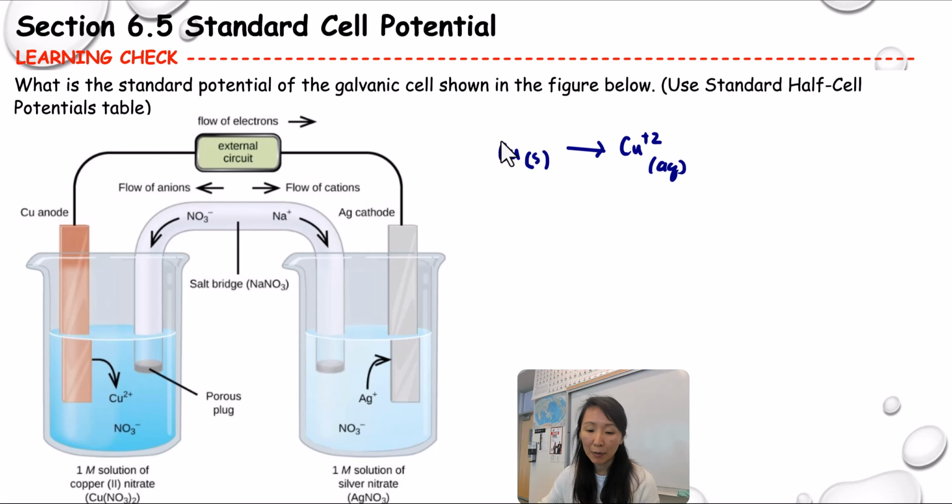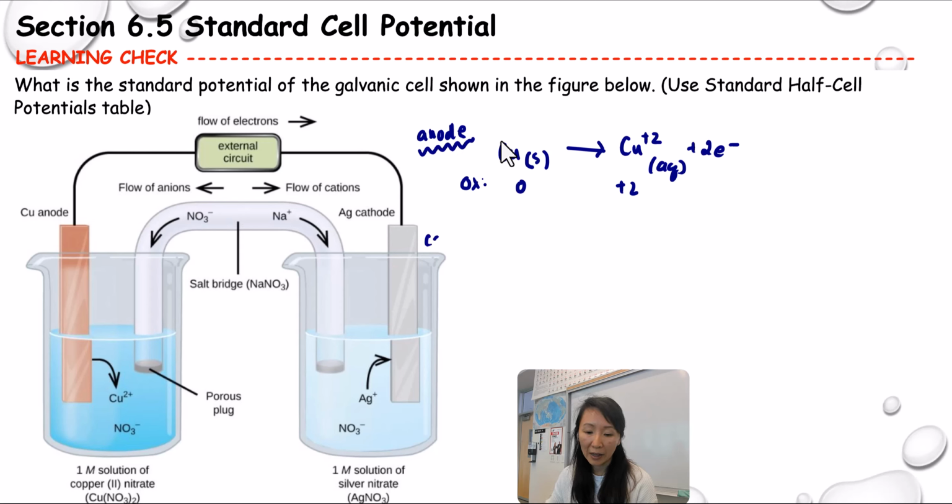During this process in the anode, electrons have been lost. Well, how many? The oxidation number for copper is 0, and copper 2 plus is plus 2. That means that 2 electrons have been taken out in order for the copper solid to become copper 2 plus. And that's occurring in the anode.